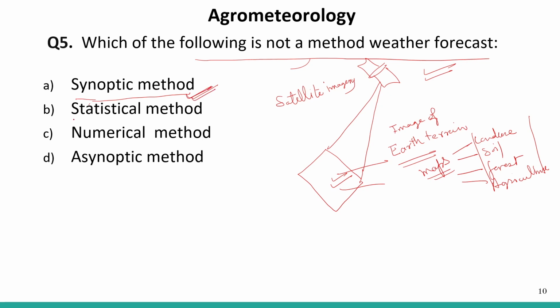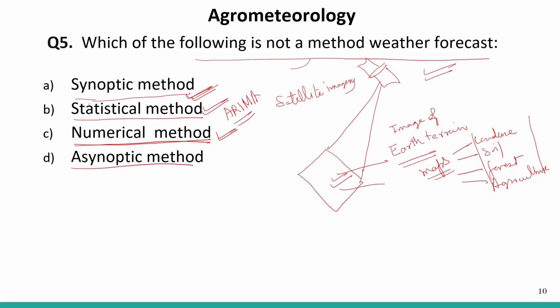Statistical method. There are different statistical methods used for weather forecast, and one of these is ARIMA. Numerical method. This is also a method used for weather forecast.